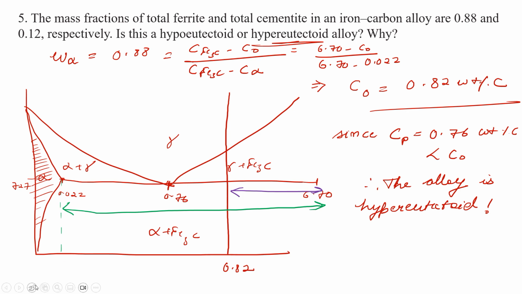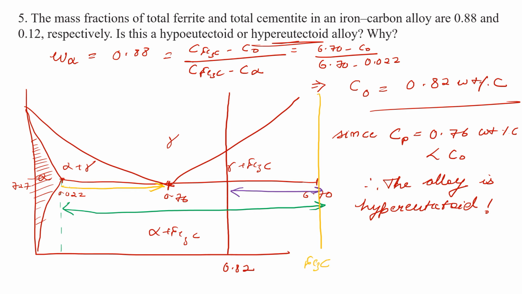If you want to write the equation for cementite, it's pretty easy. Cementite is here, so the opposite arm should be towards ferrite. The opposite arm to cementite is here.